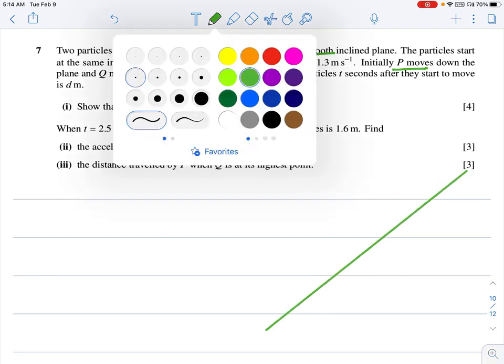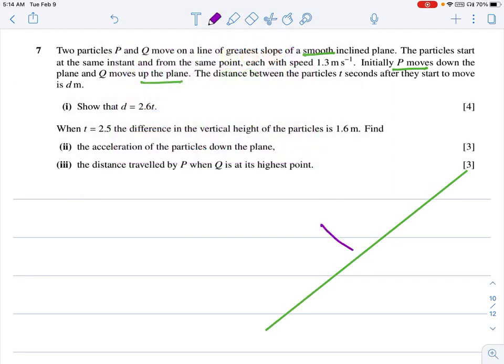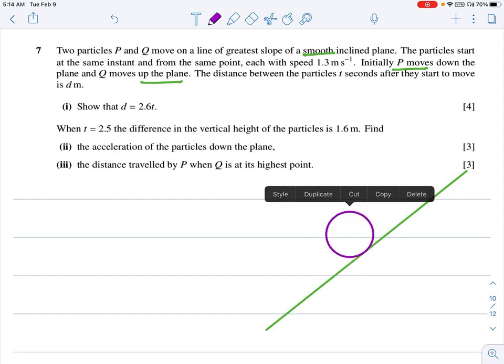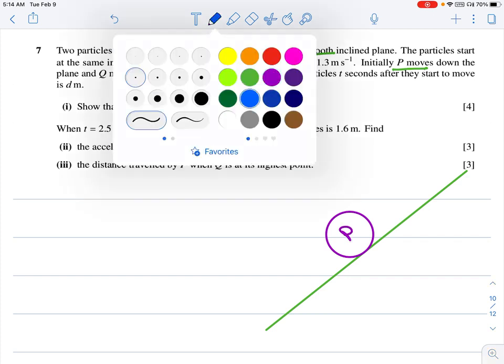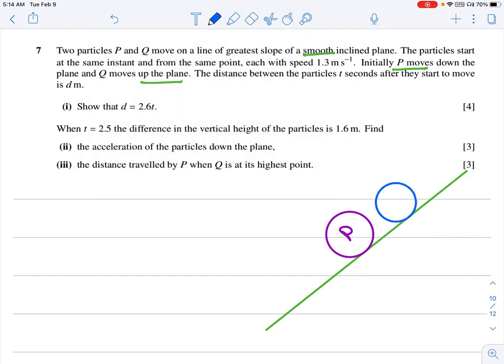So there are two particles. This is particle P, and there may be another particle Q. They are at the same position.